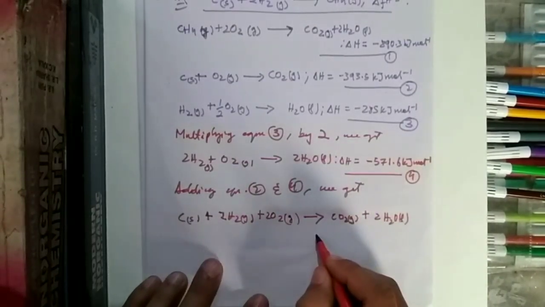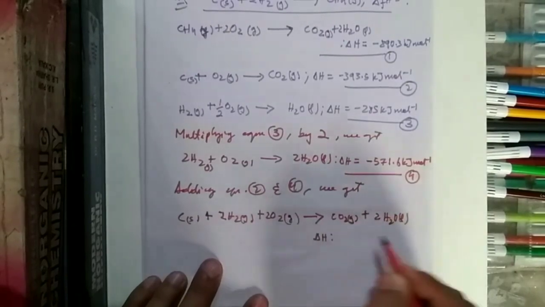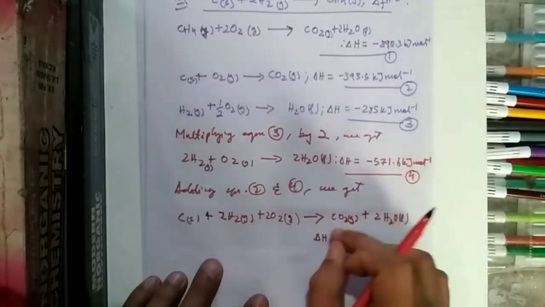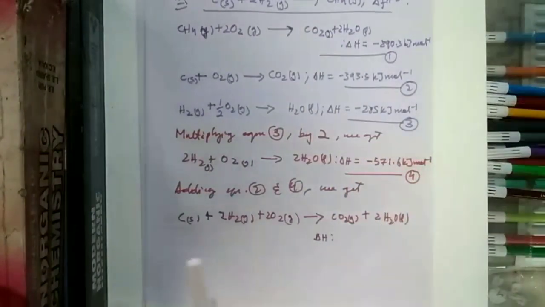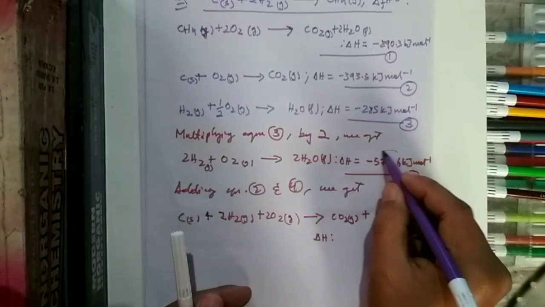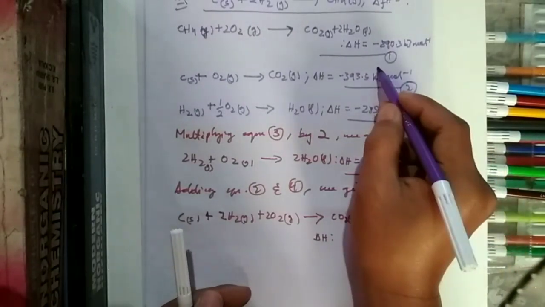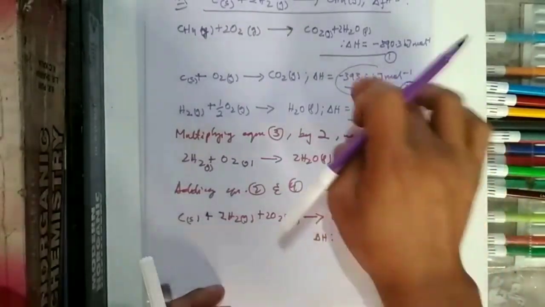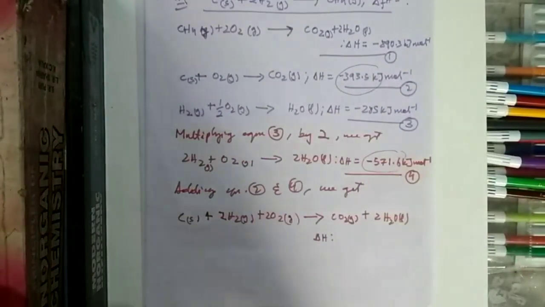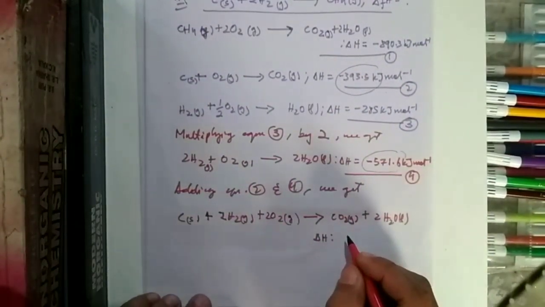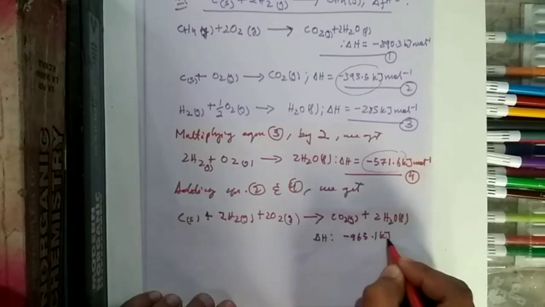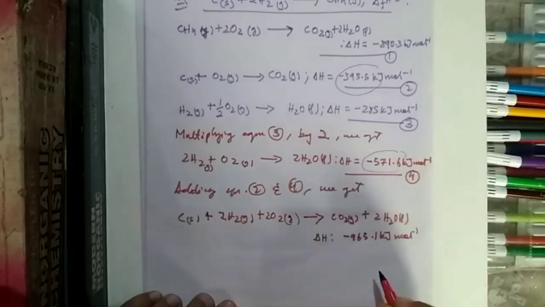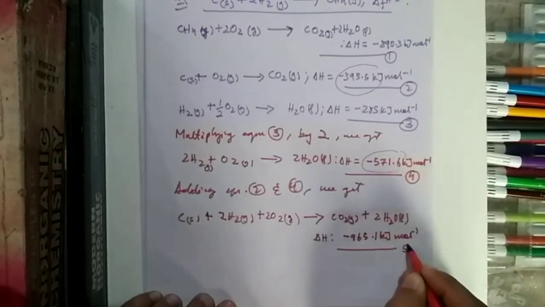Now delta H will be minus 571.6 plus minus 393.5, since we added these two. After adding, we get minus 965.1 kilojoule per mole. Let's take this as our equation 5.